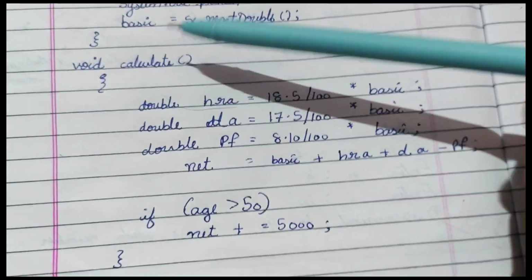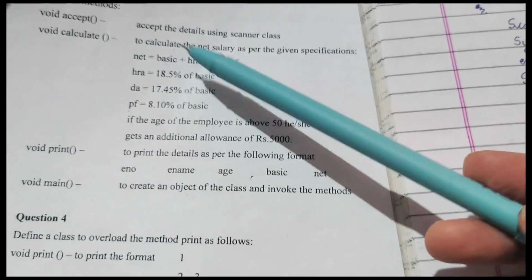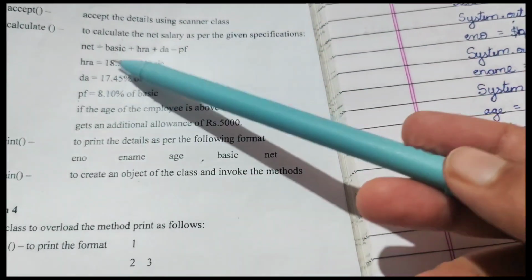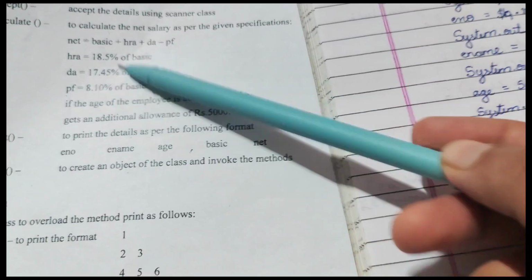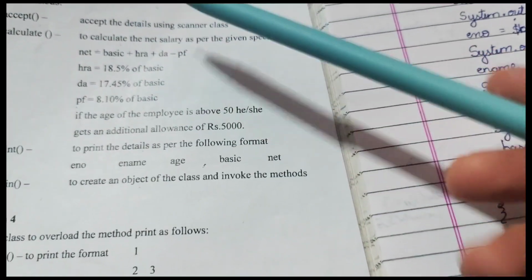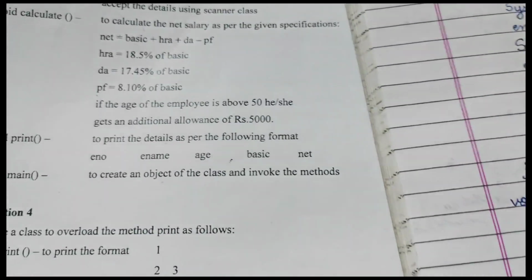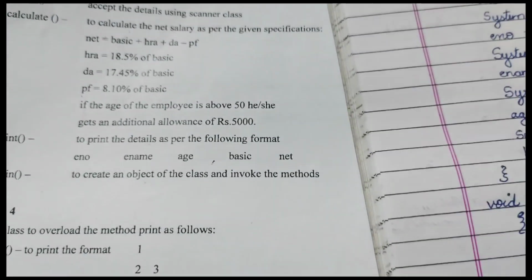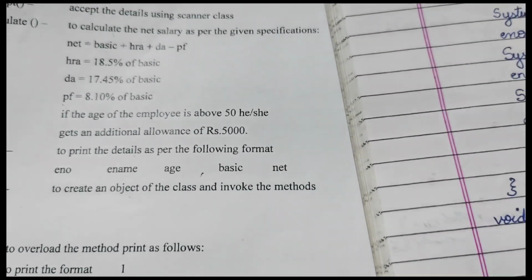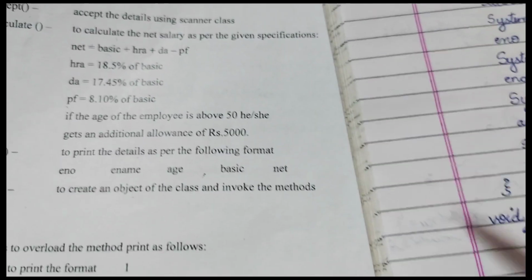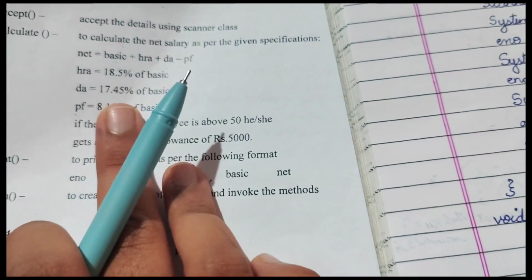See, void calculate, then net, because after calculating all these we would get the net salary. So at last, as in maths, we will first calculate all the multiplication and division, and then come to addition, right? So like this we have to initialize.